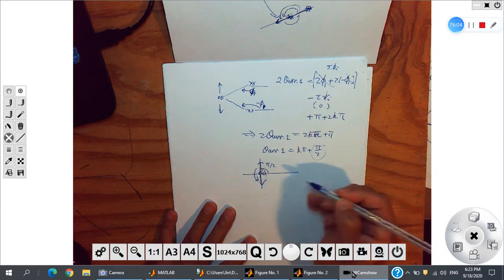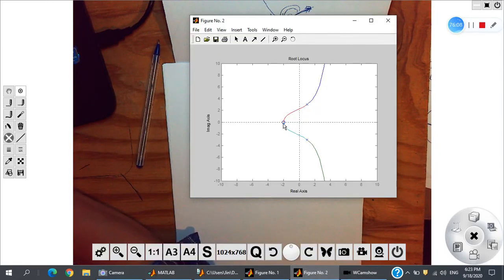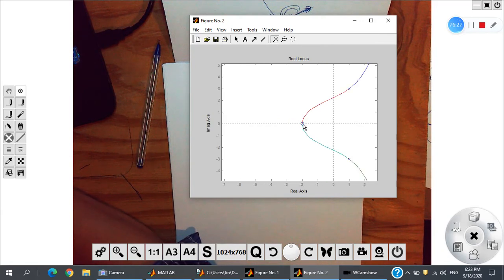Alright, these two directions. Right. Okay, that's in the graph. You see here the red branch going up 90 degrees, and here's also the negative side 90 degrees, right? The light blue curve. You can make it large. You see?